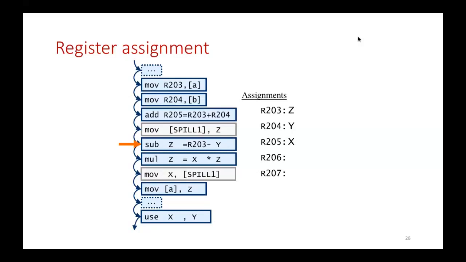So we store Z into the spill slot, and we can carry on with our register assignment. In this add instruction, 203, 204, 205 are all available, so we can assign those straight away. And we just keep going, repeating the process that we've been going through here.